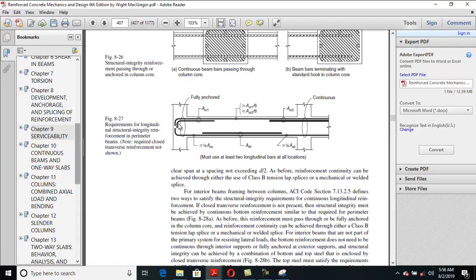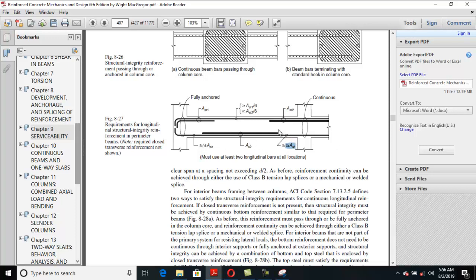For a continuous beam, if this is your positive steel area and these are your actual cutoff points, you need to continue one-fourth of the area of this positive steel.